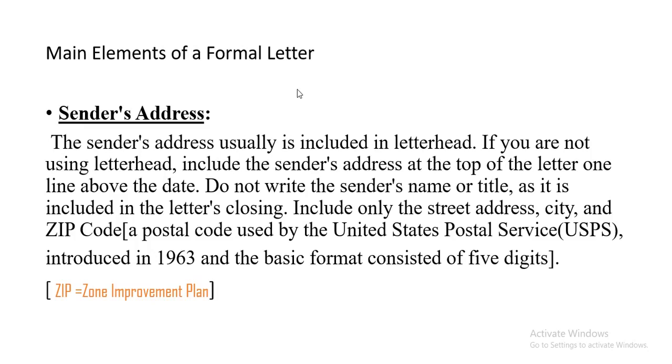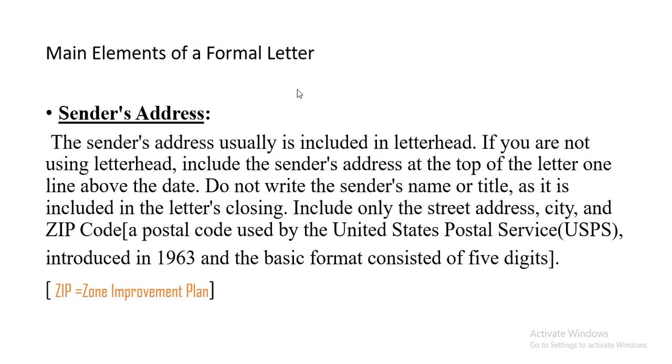ZIP is an acronym or abbreviation. It implies Zone Improvement Plan, and this ZIP is used by the American Postal Service. For example, the postal code of Kumilla is 3500, like this one.